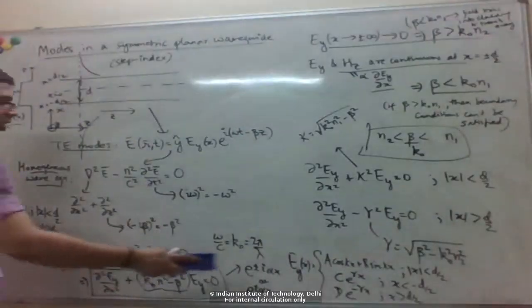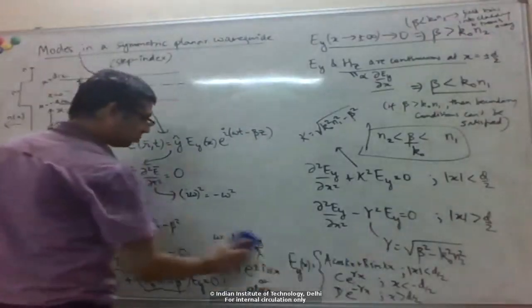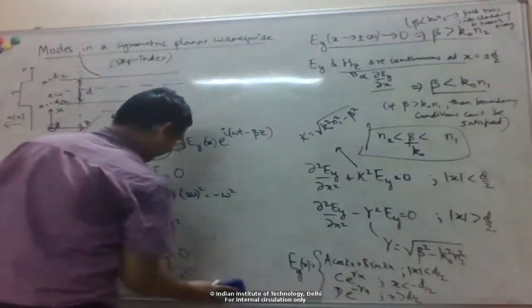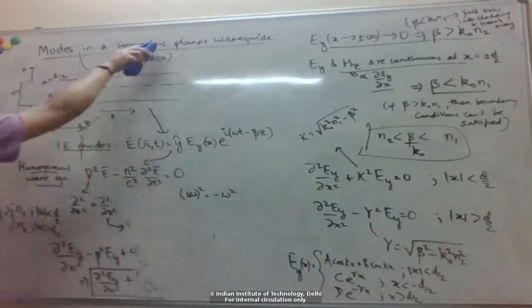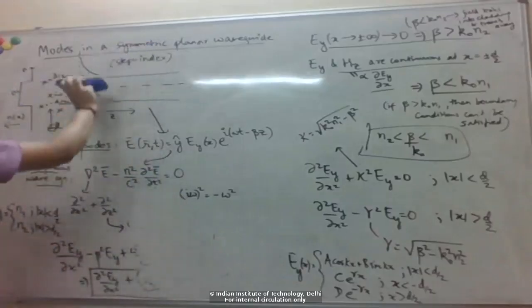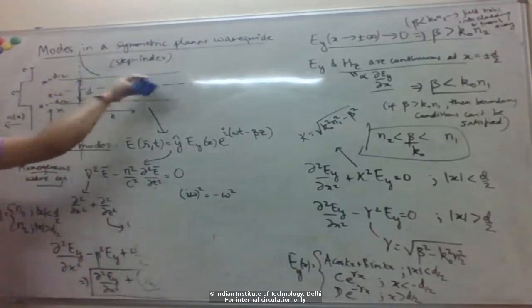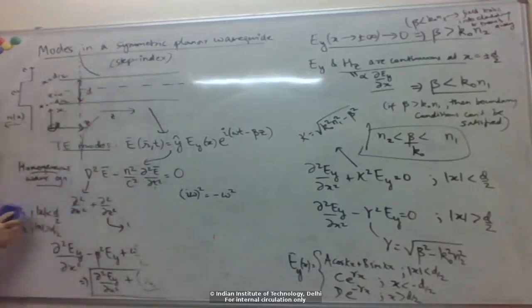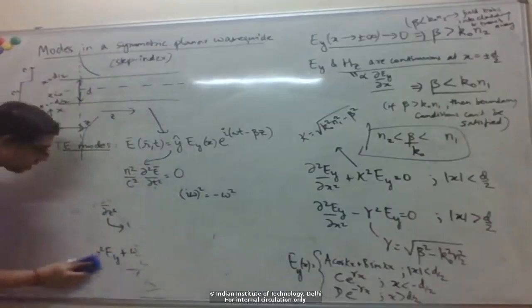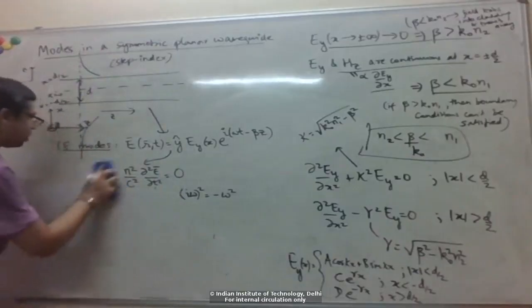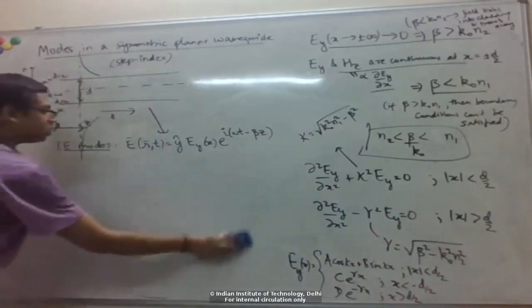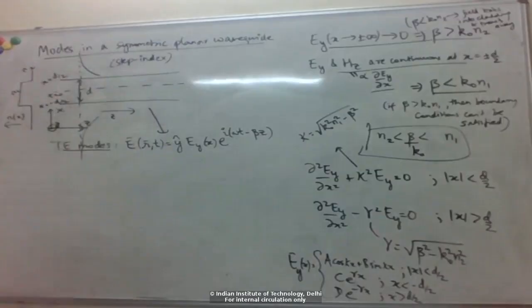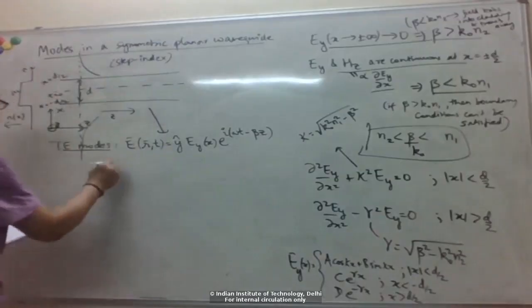Okay, so we can simplify the form of these solutions a little bit more by first recognizing the symmetry of the medium. Again, it's a symmetric planar waveguide, which means there is mirror symmetry about x equal to 0. Maybe I should write it again.